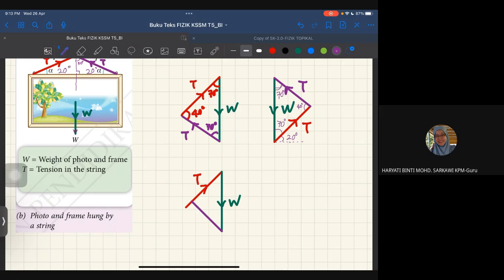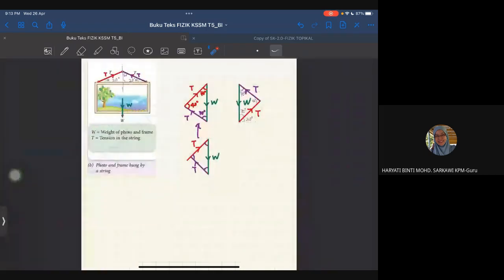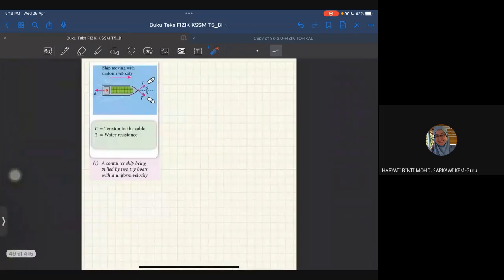So this is your T. Then you label the angle. You will get the same diagram as this. Boleh? But for me, it's easier to start with the vertical. It's either vertical downward or horizontal forces. Okay. Now the third one.